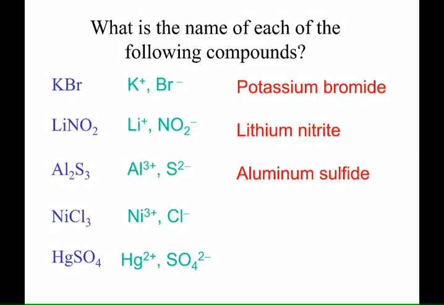It's not 1A, 2A, or 3A, and it's not zinc, cadmium, or silver. So we have to go nickel 3 chloride, and then the last one, do we use Roman numerals for mercury? Yes, mercury 2 sulfate.